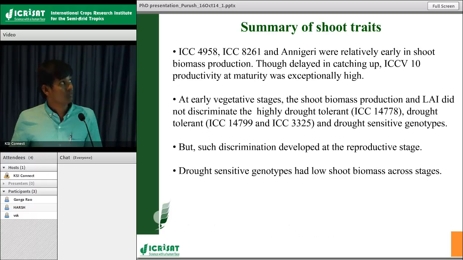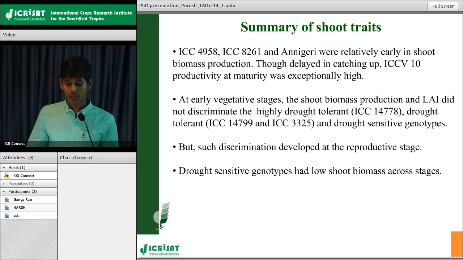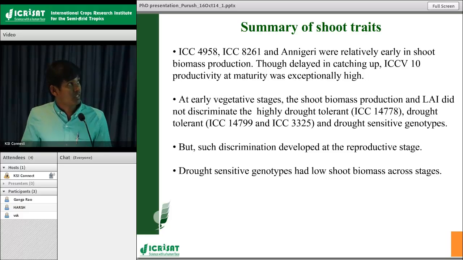When we come to the summary of shoot traits, ICC 4958 and 8261, the best adapted varieties, were relatively early in shoot biomass production, though ICCV 10 was delayed at that time, catching up its shoot biomass production at the reproductive stage.